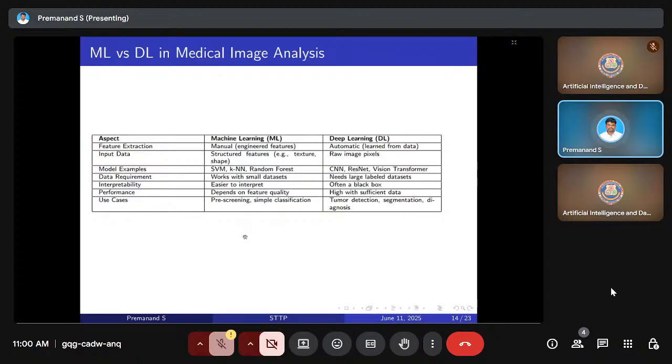But here, it's not about features, it's about the data. So this is the difference between machine learning and deep learning. In a simple way, most 1D time series data is handled by machine learning and even deep learning, but for images, 90% is mostly deep learning.